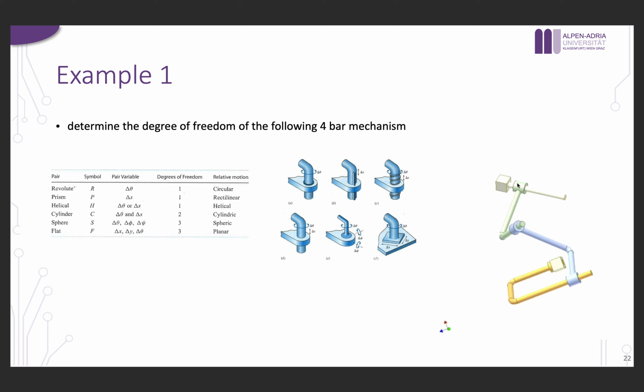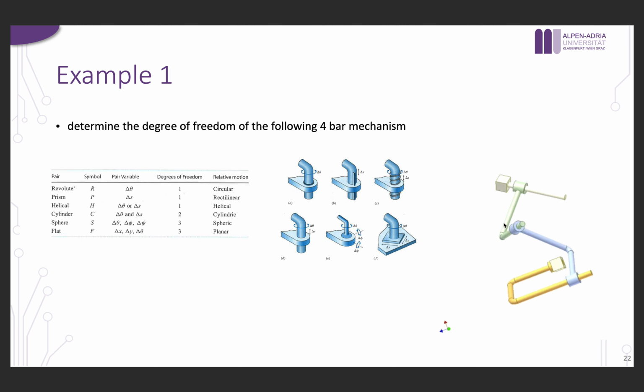The green one can also rotate and slide along the frame 0. The blue one can rotate and slide along the green link, and the blue one and the green one have 2 degrees of freedom, which is a cylinder joint, which always has rotation and translation.